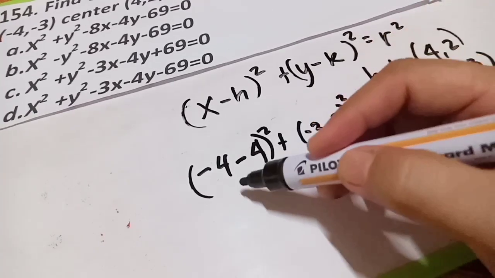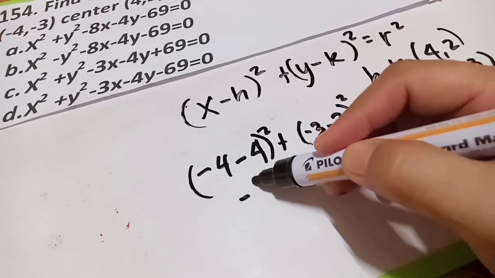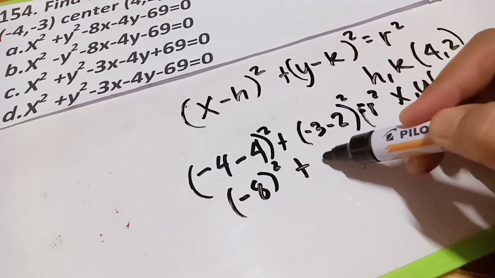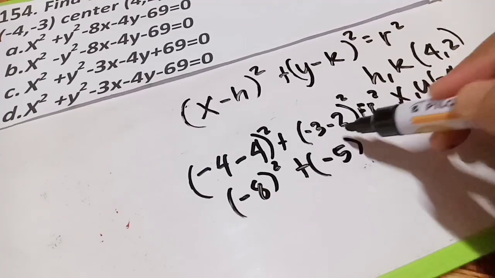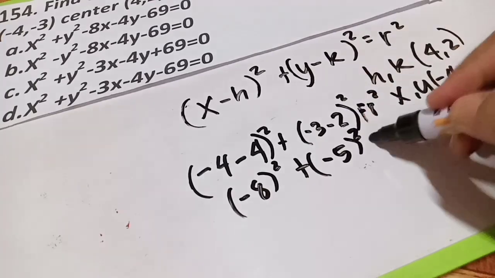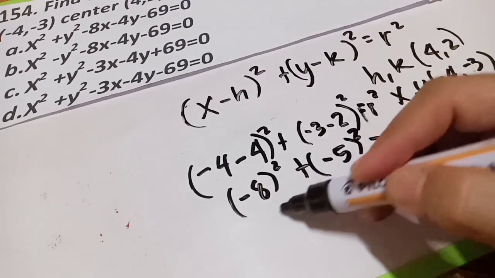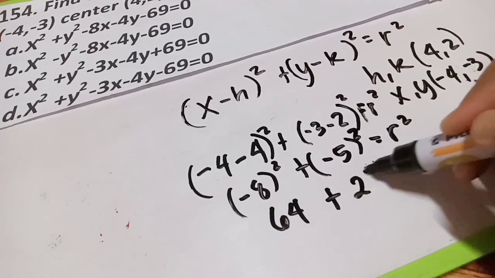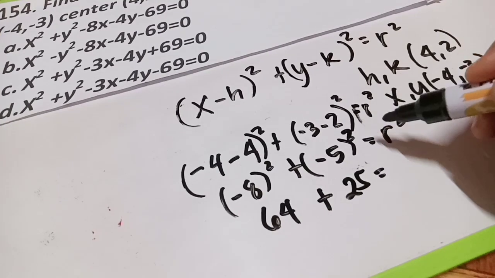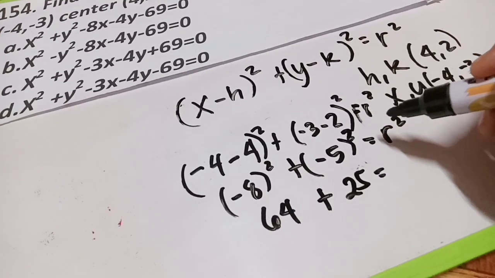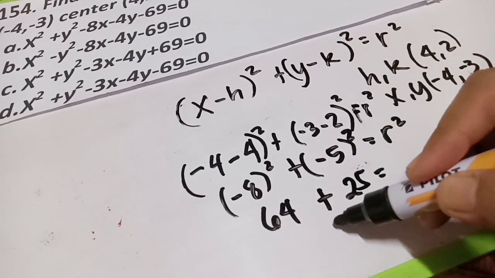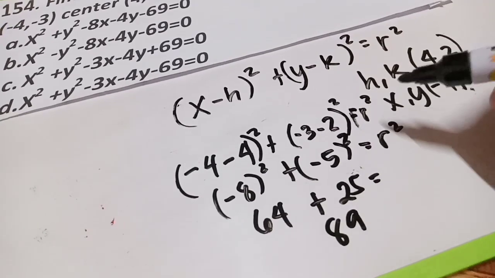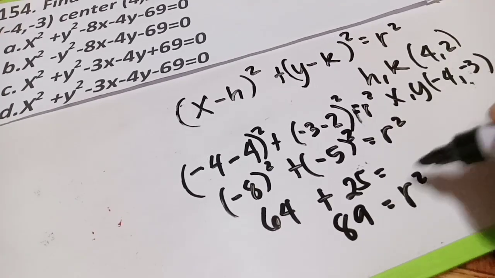So how will you do that? This becomes negative 8 squared plus negative 5 squared equals r squared. So 8 times 8 is 64 plus 25, and we will have 89. So this will be our r squared.